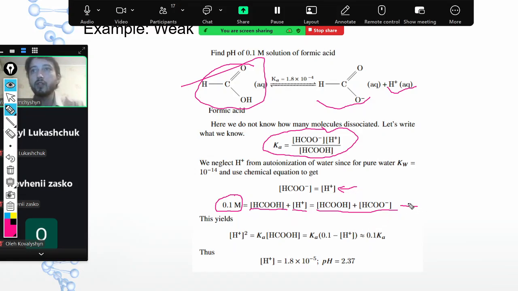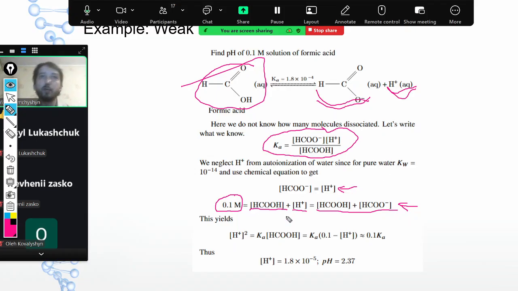Does anyone understand this part? So there was 0.1 molar undissociated acid, then part of it transformed into these two species.